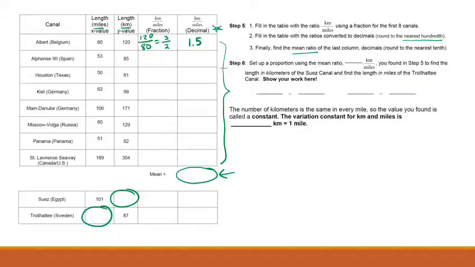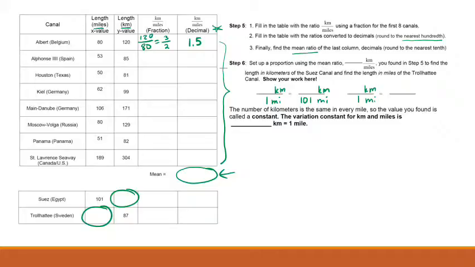So when you find approximately how many kilometers are in 1 mile, you're going to figure out, well, if there's 101 miles in the Suez Canal, approximately how many kilometers long would that be? And you go through the same process for the other canal to figure out the other missing value.